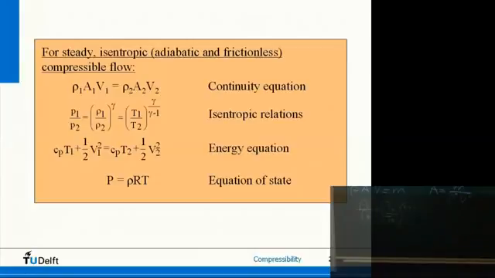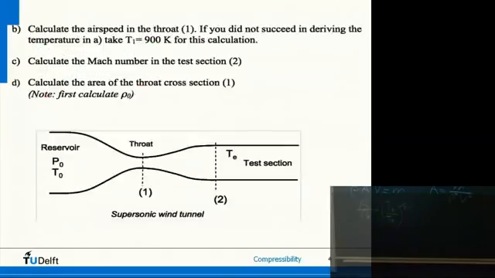So rho 1 over rho 2 to the power gamma is equal to T1 over T2 to the power gamma over gamma minus 1. What I did is I took the gamma-th root of this. If I had taken the pressure, of course it's true, but I'm looking for density versus temperature.